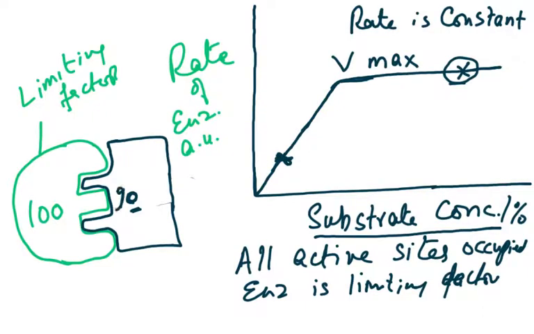We increase it to 20, we increase it to 80, and then we say, okay, this is the point where we find that it will be the same number of active sites. So all active sites will be occupied. Now even if we increase the substrate, it's not going to make much of a difference, the rate will become constant.